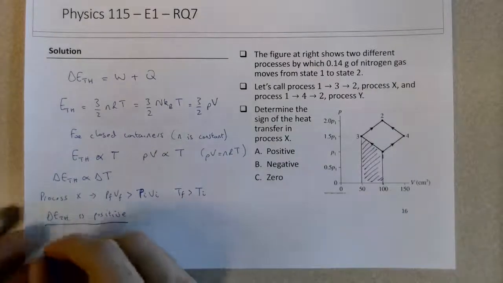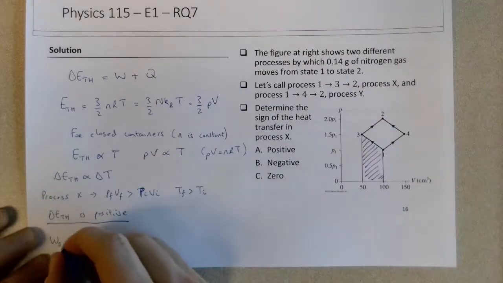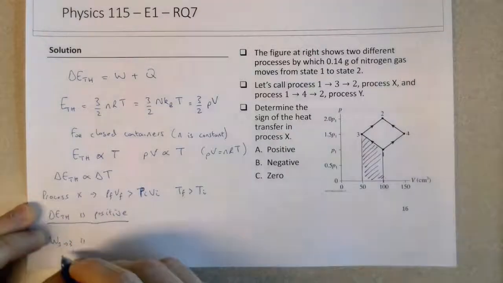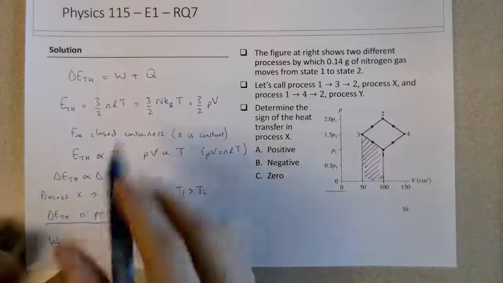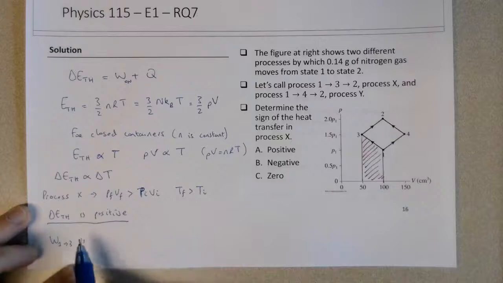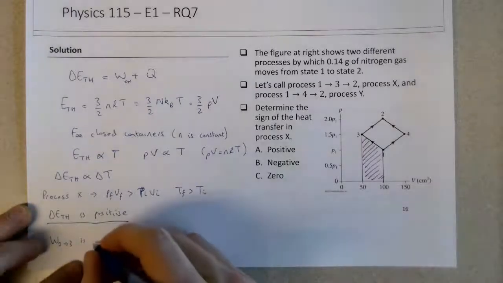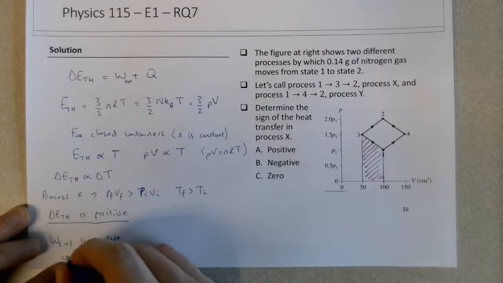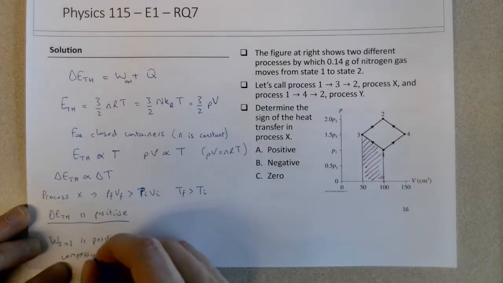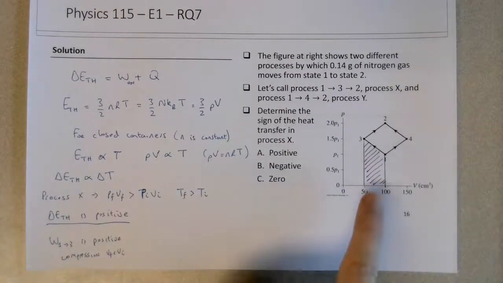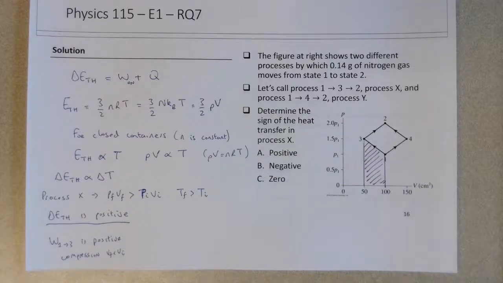So I can state that the work 1 to 3, and this is the work on the gas, which is the definition of work on, is going to be positive. So that's a compression, because I know that V final is less than V initial, and that will be equal to the area of this trapezoid.